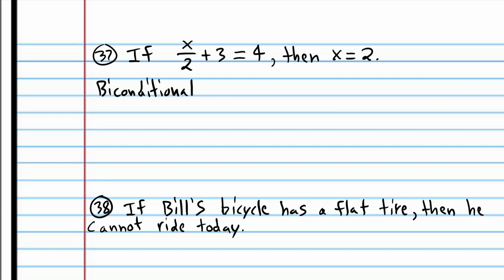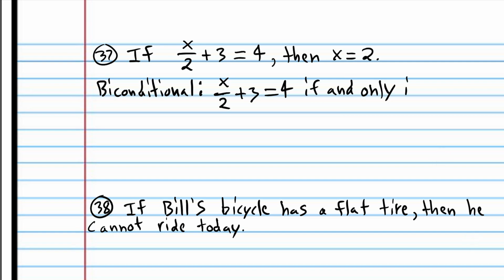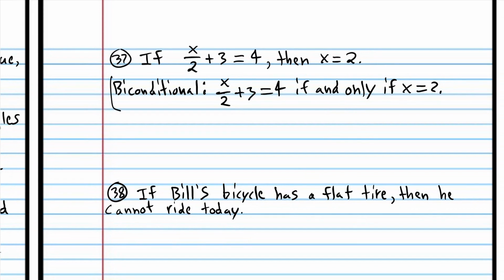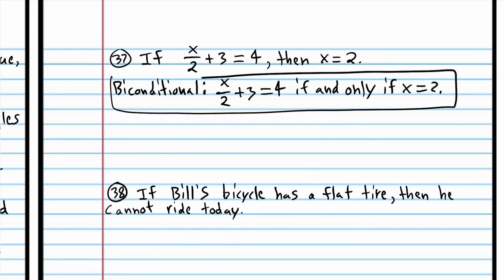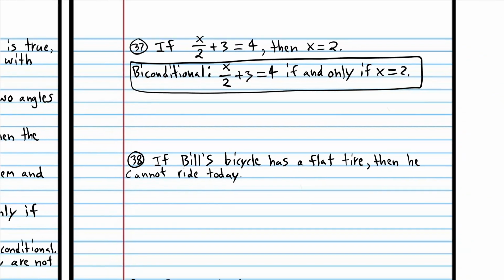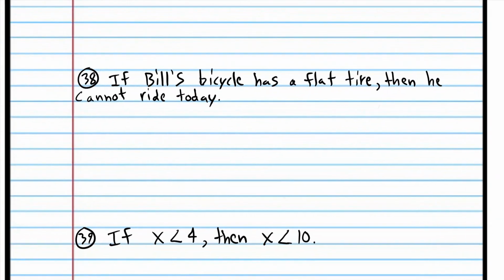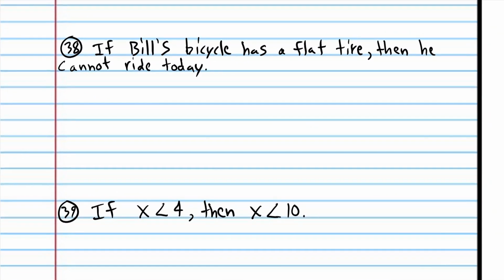So biconditional, and we can say x over 2 plus 3 is equal to 4 if and only if x is equal to 2. So we got that answer. Good job. All right, try number 38, and when you come back, we'll do it together.